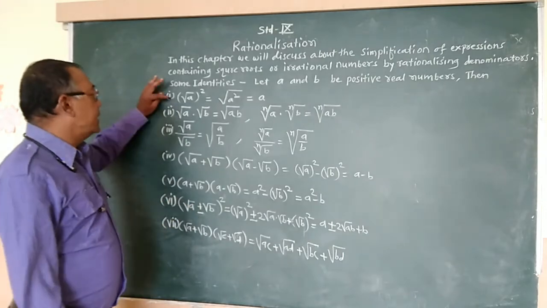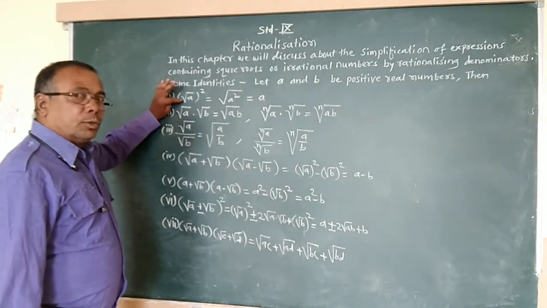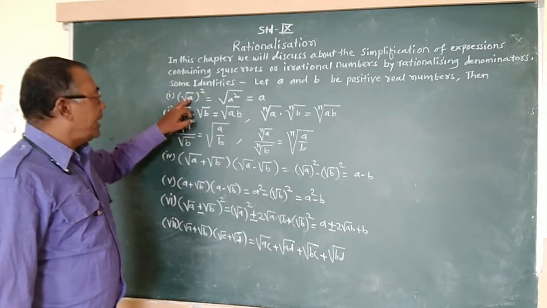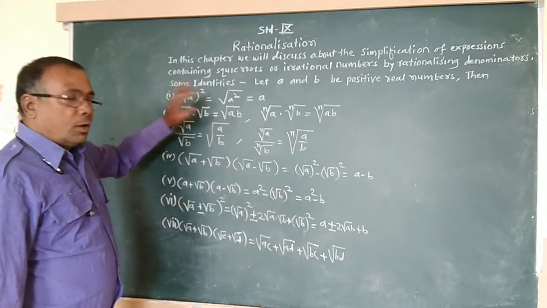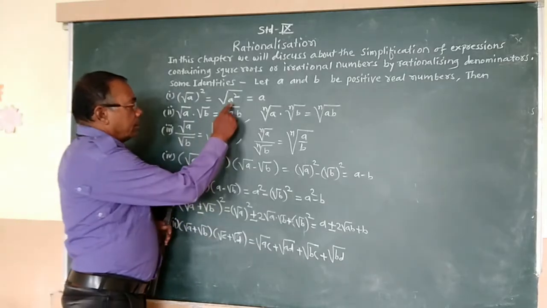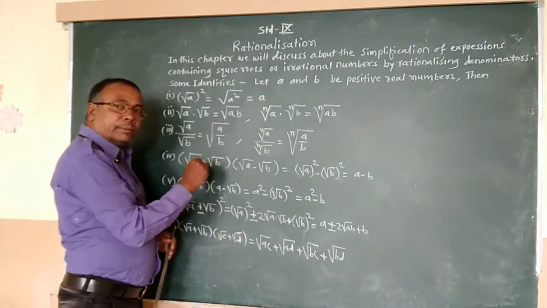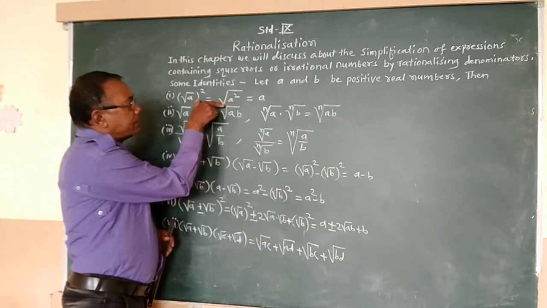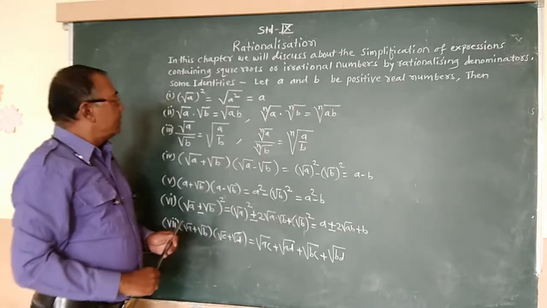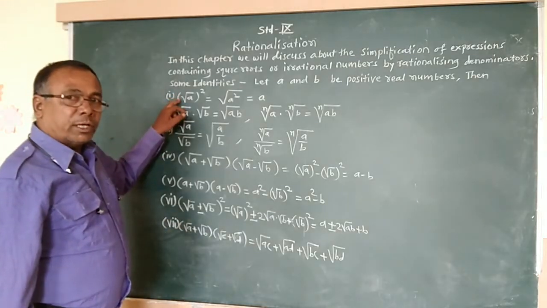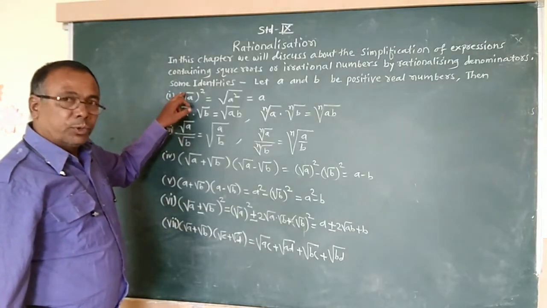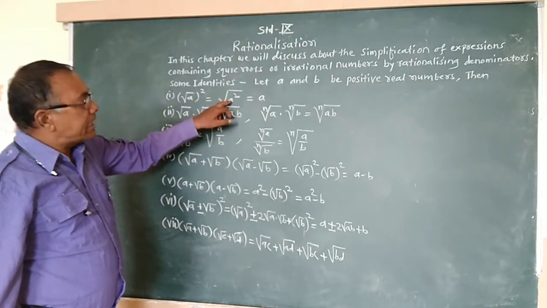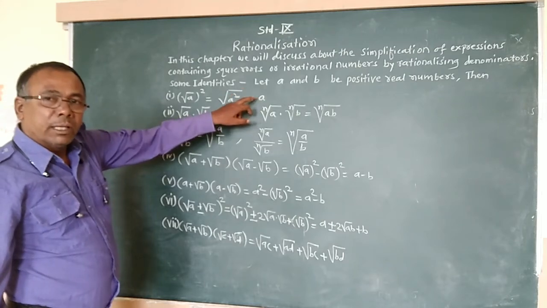The first identity is: the square of root a, meaning root a times root a, is equal to a, or the square root of a square is also a.